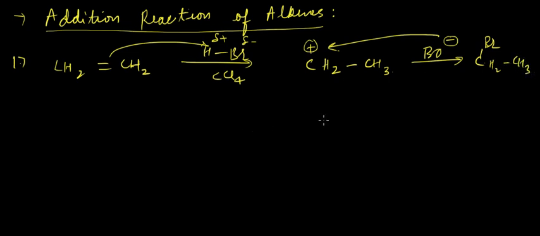So displacement of pi electron under the influence of electrophile will actually cause the bond to break, and for intermediate formation of carbocation will take place, and then the nucleophile will again attack on this, becoming the electrophile. So hence the complete product would form something like this. So what is the electromeric shift? Electromeric shift.